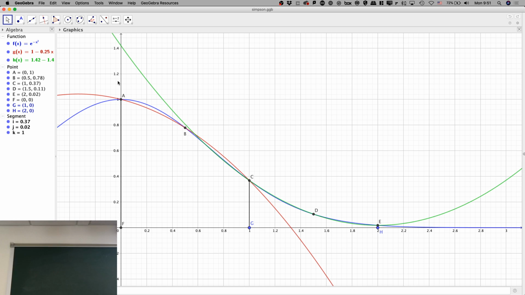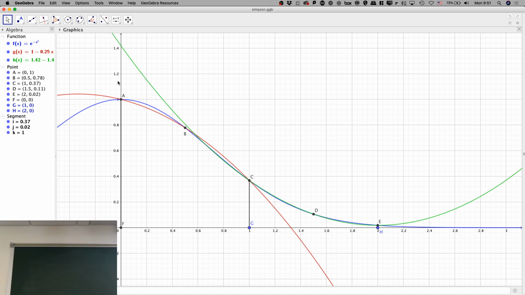So the points A, B, and C uniquely determine a parabola, which I've graphed in red. The points C, D, and E uniquely determine another parabola, which I've graphed in green. Between the points C, D, and E, can you tell the difference between the blue curve and the green parabola? Barely. They are really close together.